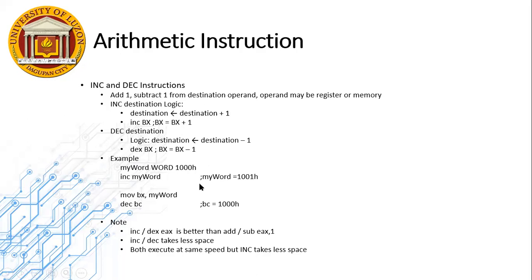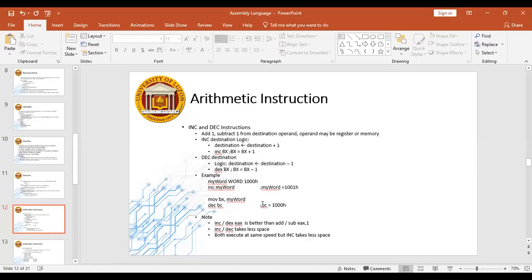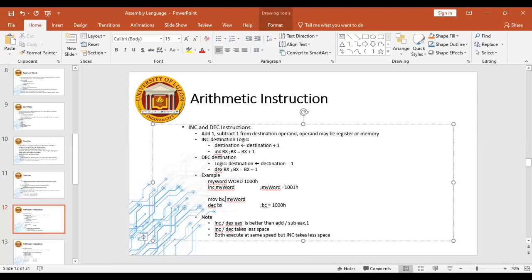Then I wanted to move that value into the base register and have it decremented. So I will just use the same syntax. This should be, I'm sorry, bx, not bc, because I have already moved the my word value to the base register. So this should be bx, not bc.